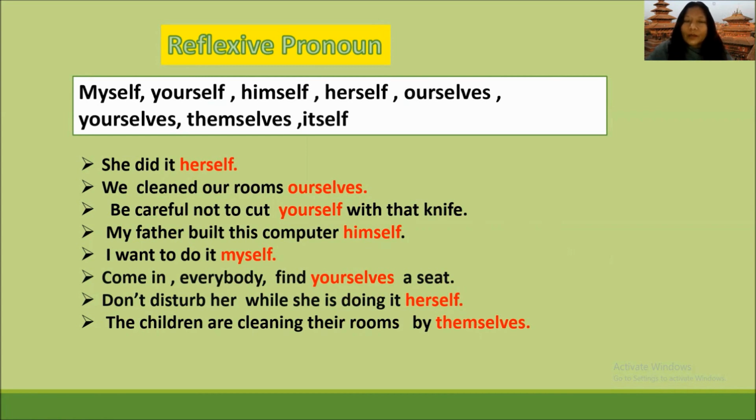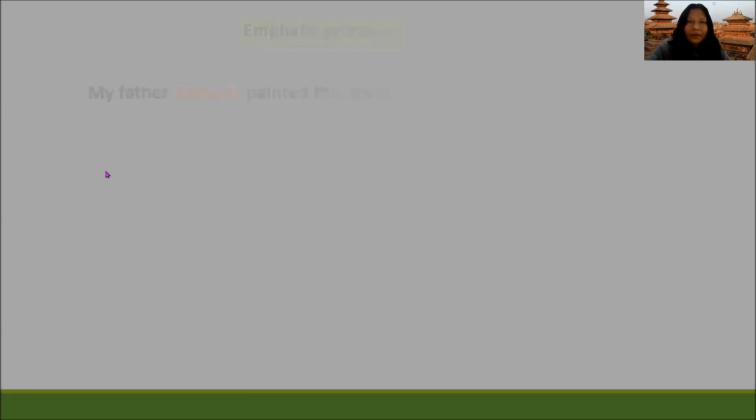If I say in the classroom to all students, do this yourselves, this means all the students in the classroom. So yourself is used for singular and yourselves is used for plural, okay?